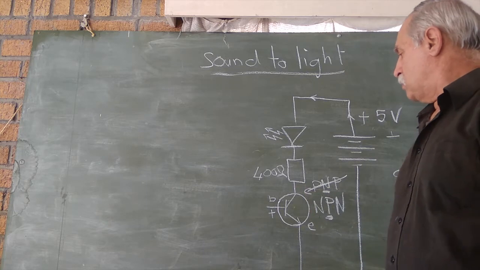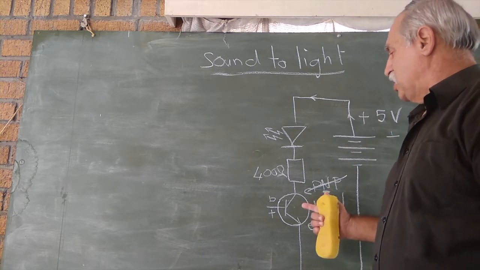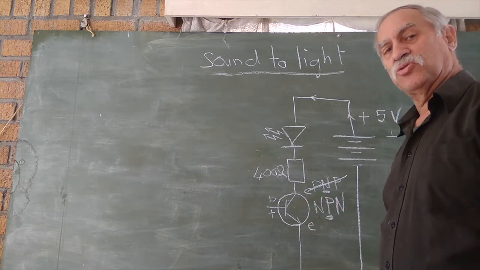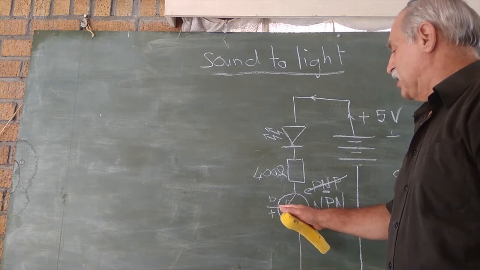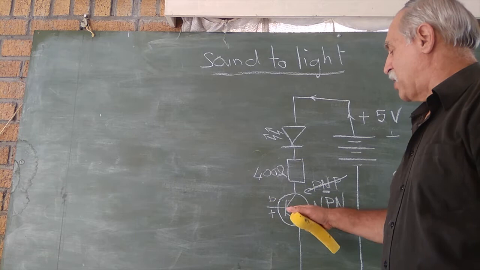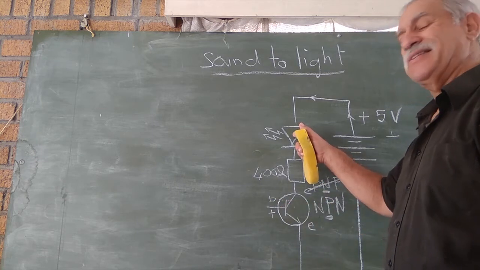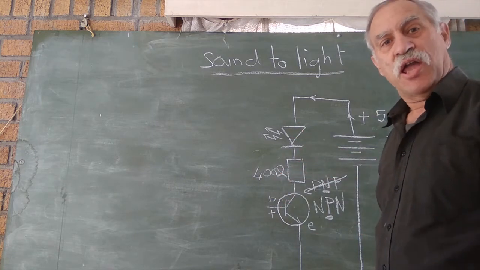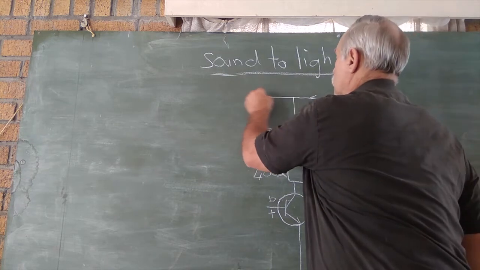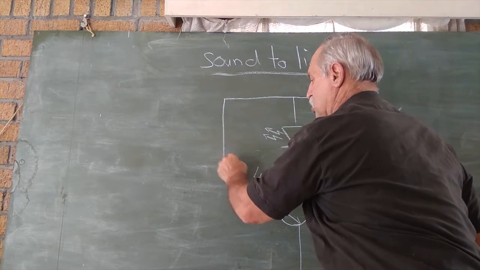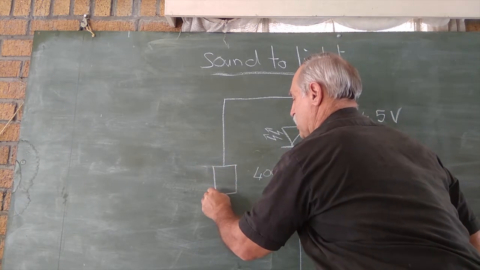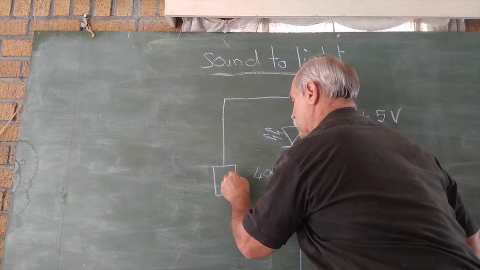But now there's nothing here that's going to respond to sound. So we're going to, first of all, add something that will bias the base so that this light is just about to come on. And if you were watching our last video, number 10, the thing that we use is this device, a potentiometer.